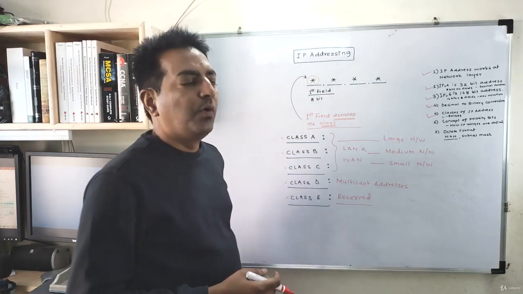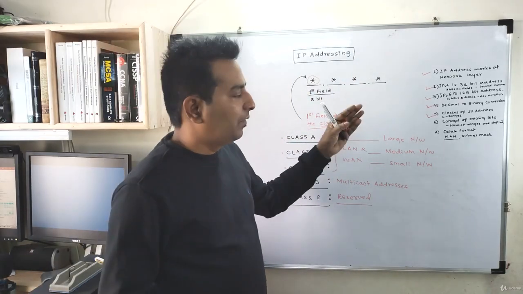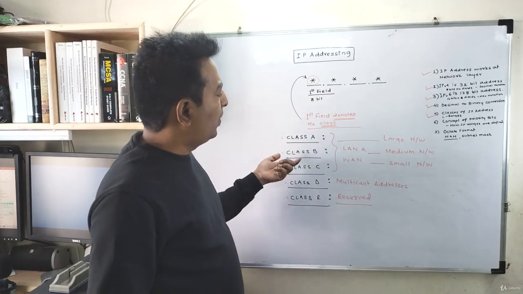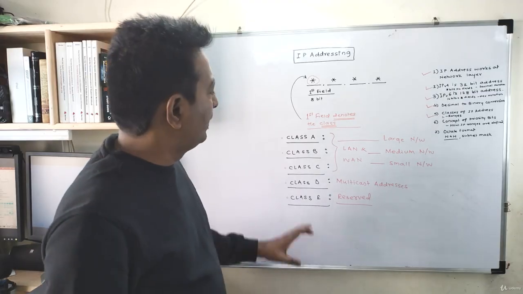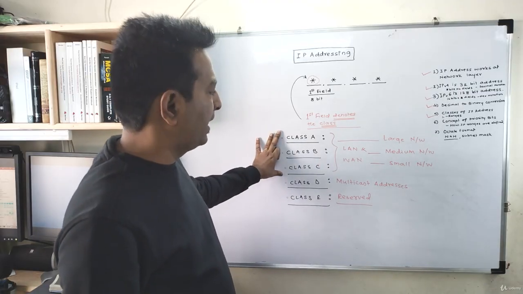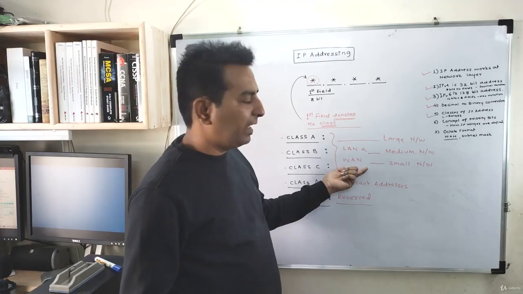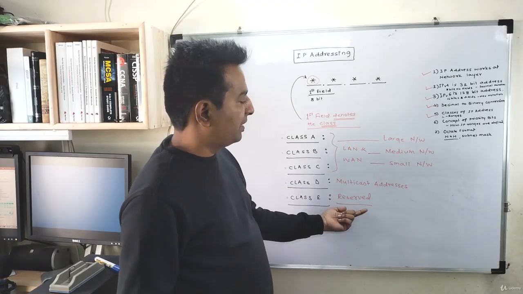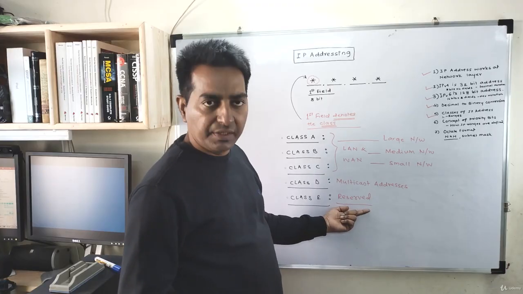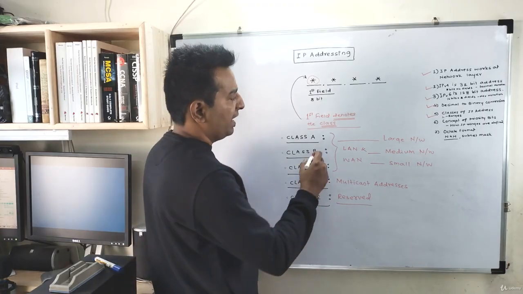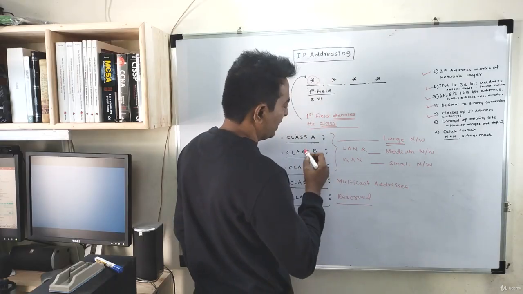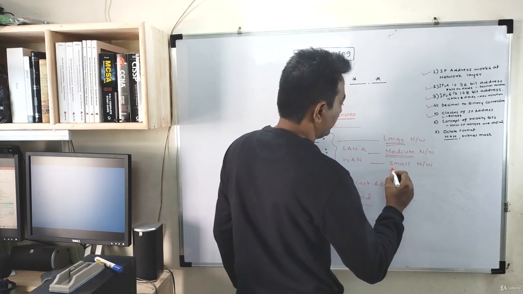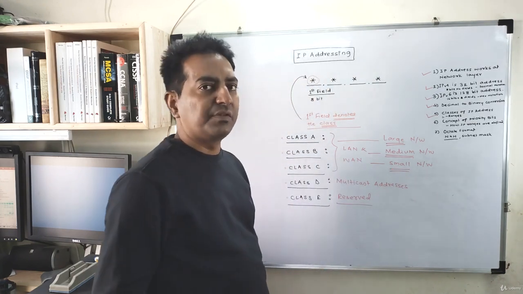We'll come to know why we call it a large network, what is a medium network, and what is a small network. I hope you got clarity now that the first three classes of IP address are used for LAN and WAN. Class D is used for multicast addresses, and class E addresses are reserved.